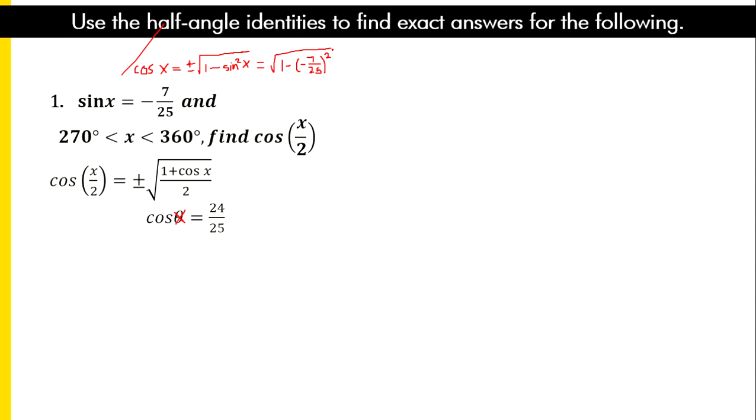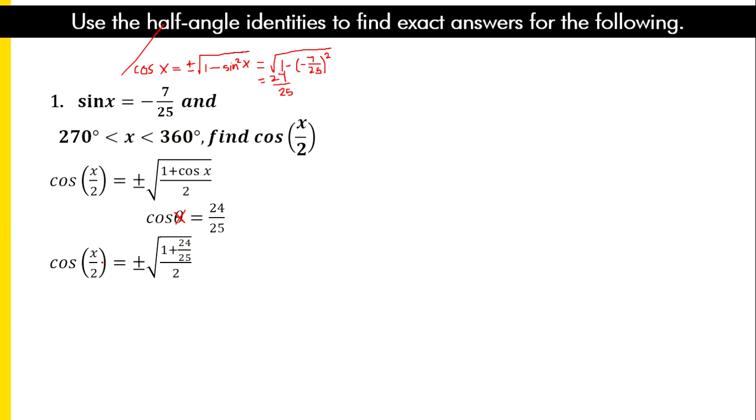If we simplify this, the result of that is just simply 24 over 25. Okay, so again, you can use these identities to solve also for the cosine and the sine, and even for the other trig ratios. And so with that, let's try to substitute now in our formula.